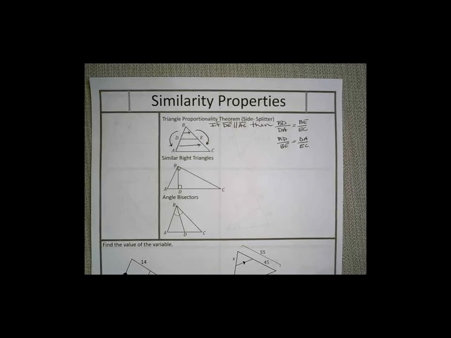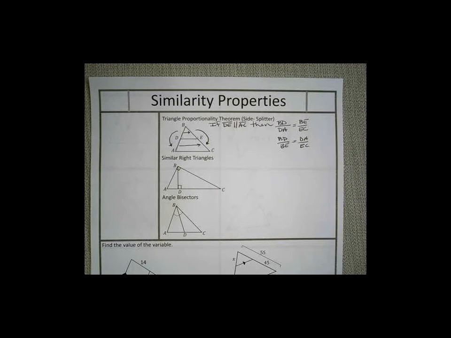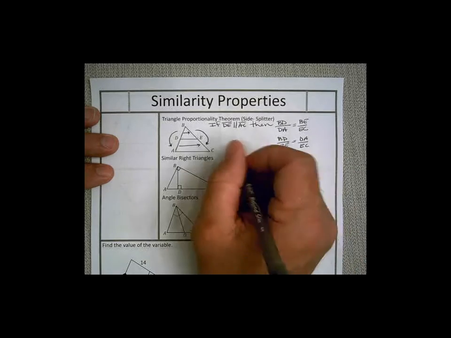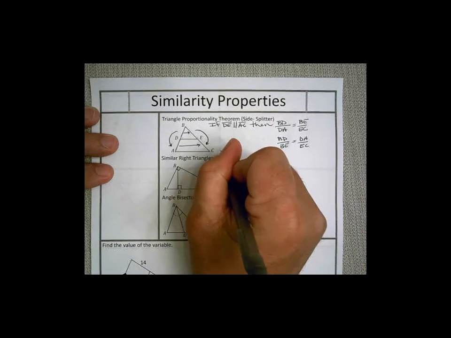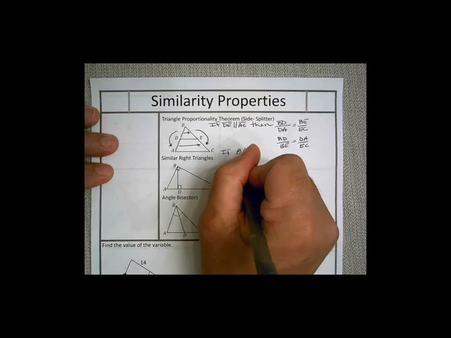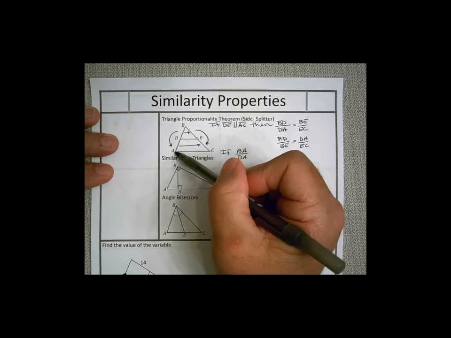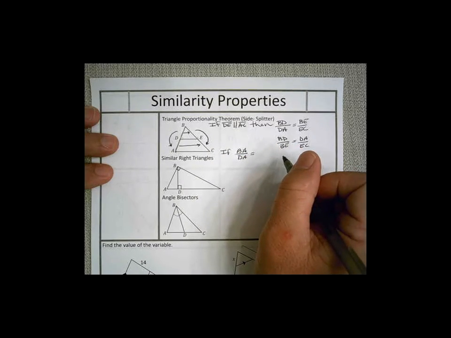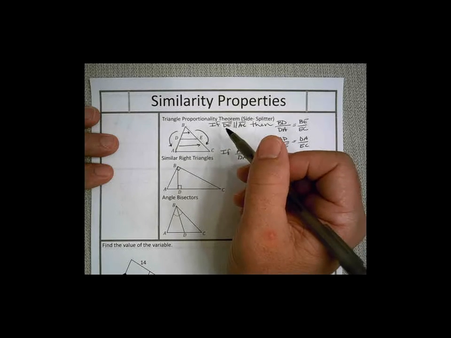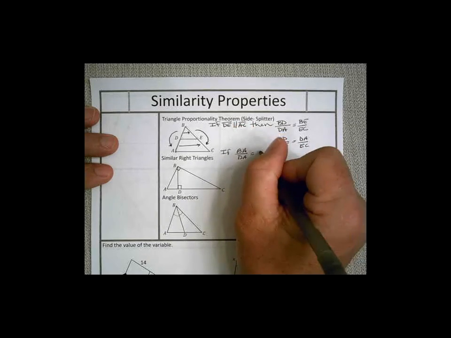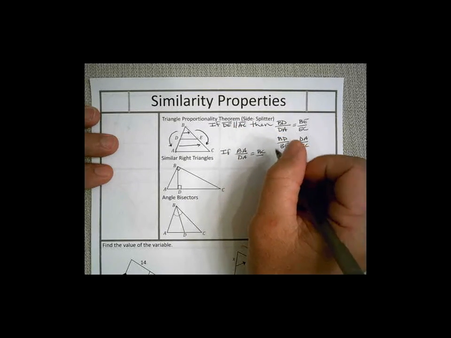Oh, I almost forgot, there is one other that we can also do. We can do the inverse. So we can say if we know that BA over DA, so now we're saying the whole side over the short side, equals BC over EC.